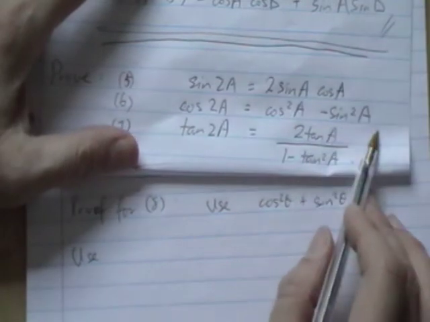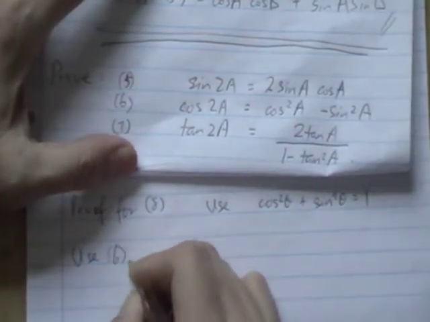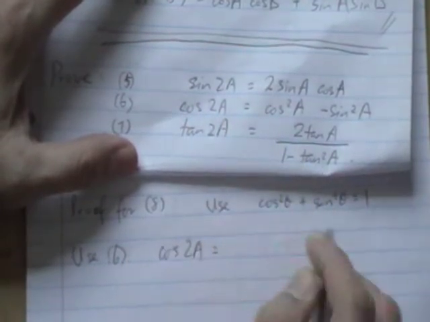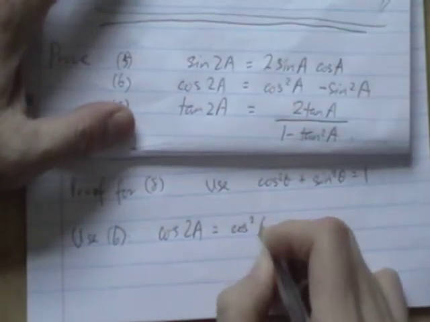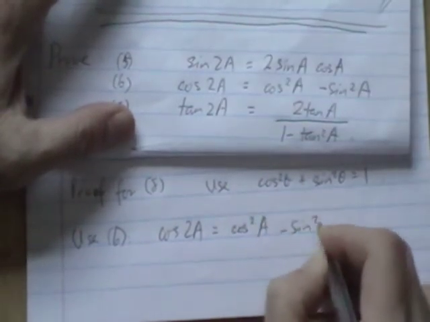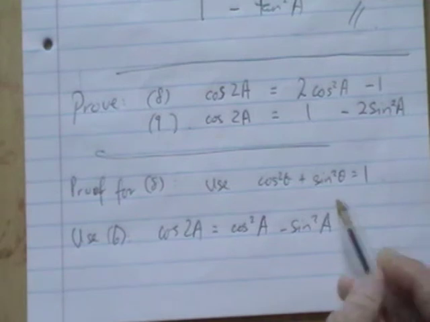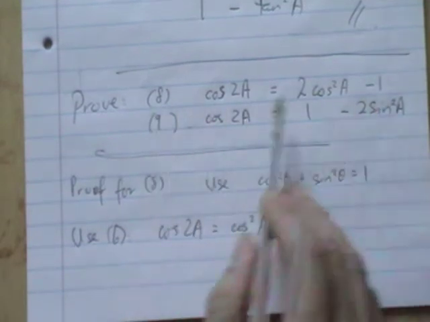We want to start from here. Use this identity 6. Cosine 2a is equal to cosine squared a minus sine squared a. And using this, I would now want to show that this is equal to this identity 8.